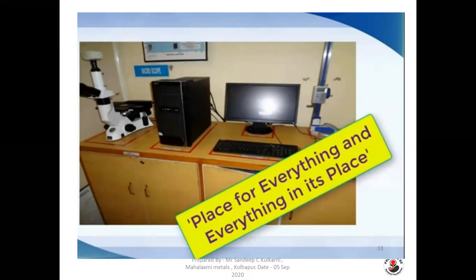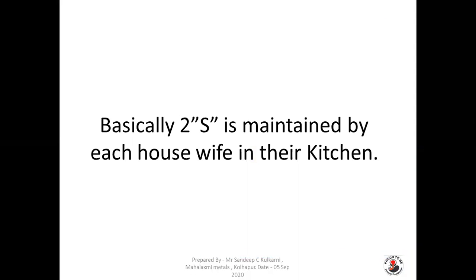and it will help you in improving your workspace management as well. Basically, 1S and 2S are maintained by every housewife in the kitchen as well, so it is very important. You can see the sugar is kept very near to the kitchen trolley, so that immediately she can take that sugar or even salt.